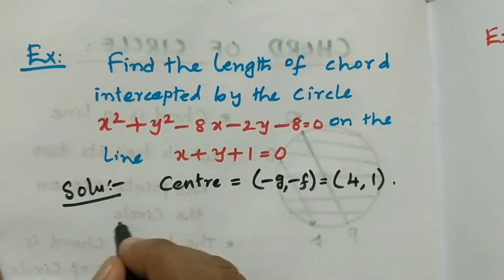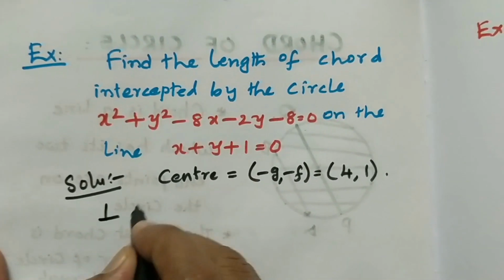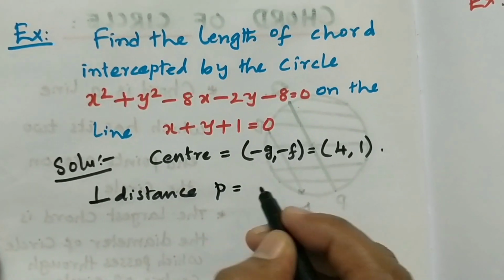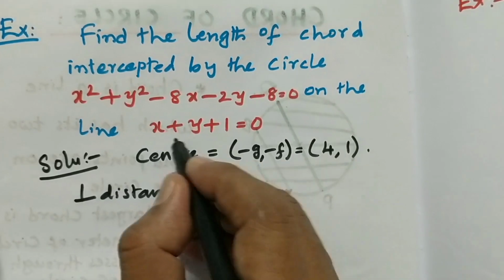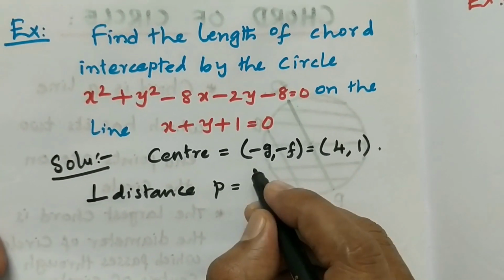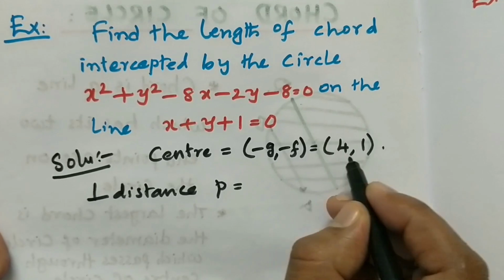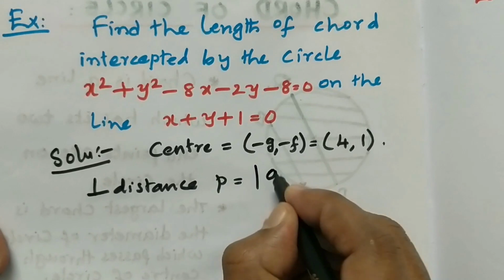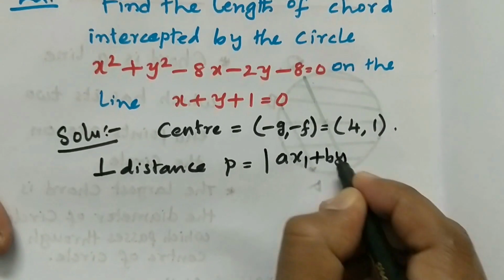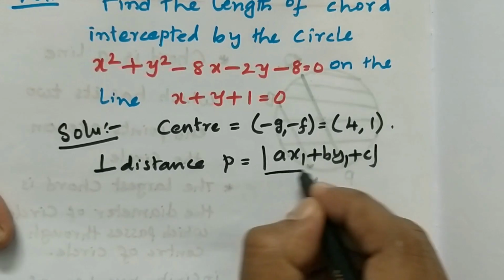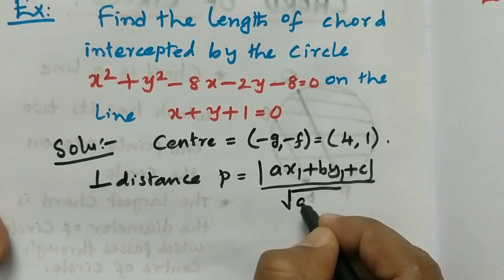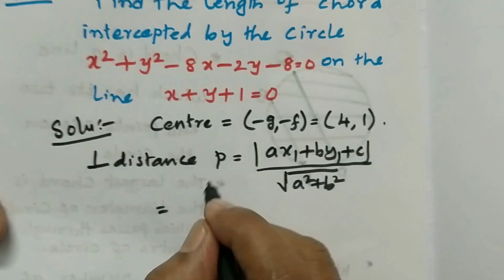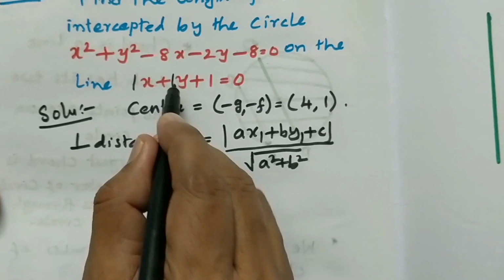Perpendicular distance P is from 4 comma 1 to the line. You know that it is modulus of A x1 plus B y1 plus C by square root of A square plus B square. What is A here? A is 1, B is 1 and C is 1, and this one is x1 comma y1.